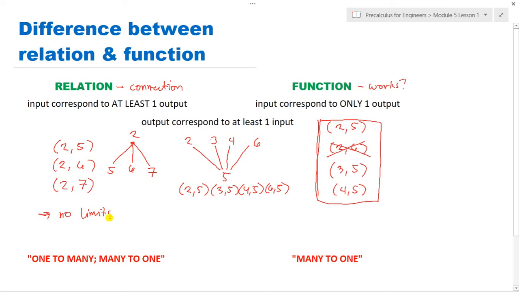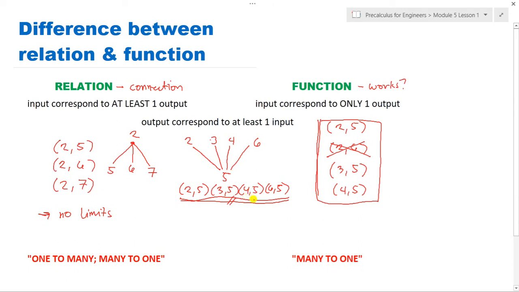So therefore, there is a limitation. Here, for the common definition, 2 5, 3 5, 4 5, 6 5, although the output repeats, for a function we only look at the input. Since our input here is unique for every ordered pair, this will be considered a function.